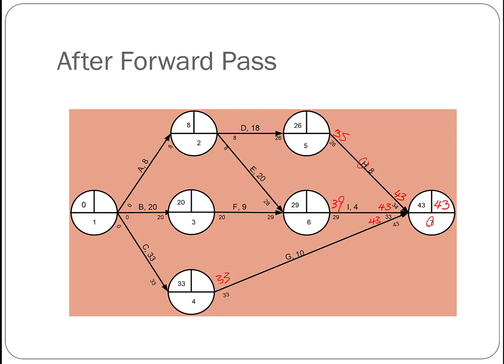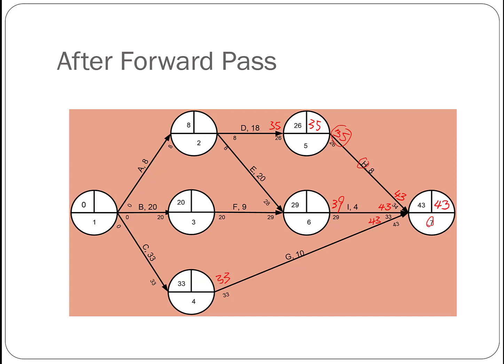Okay, so then this 35 value goes to this event now, because this represents the latest date to start H. And it also represents the latest date to complete D. So this 35 will go above the arrow for D to represent its late finish time.